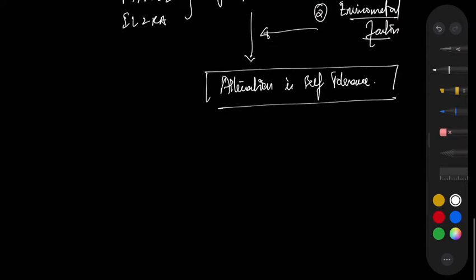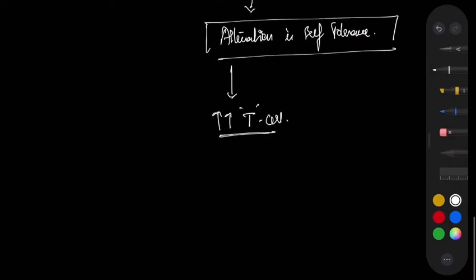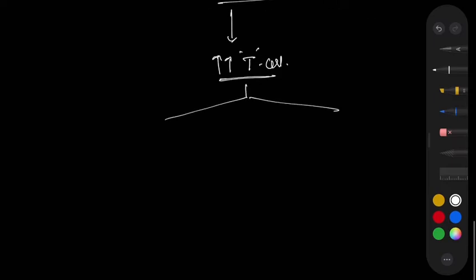Now, this alteration in self-tolerance leads to an increase in your T cells. So, two types of T cells, your CD8 and your CD4. There's an increase in your CD8 and an increase in your CD4.